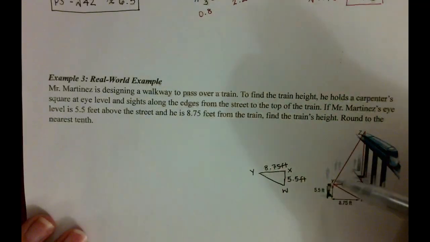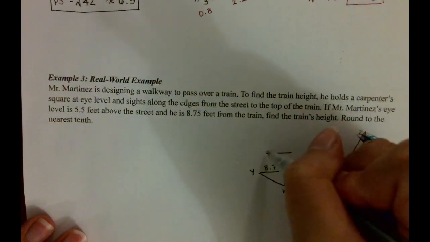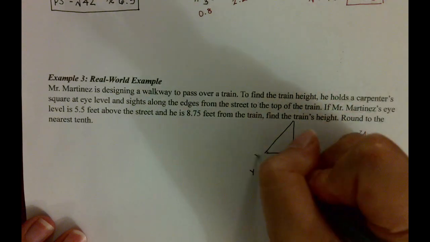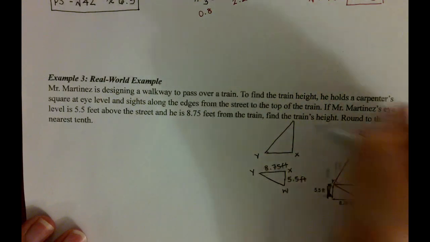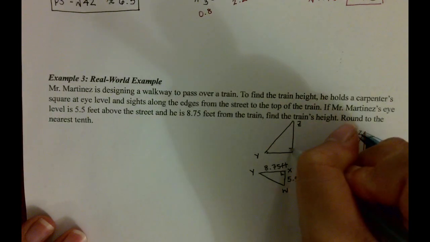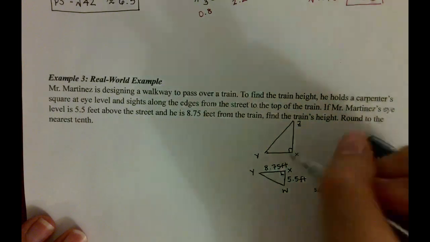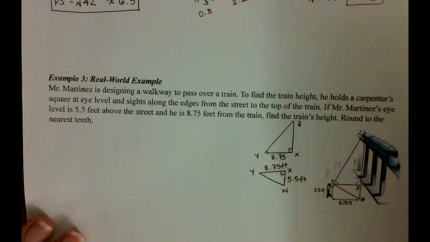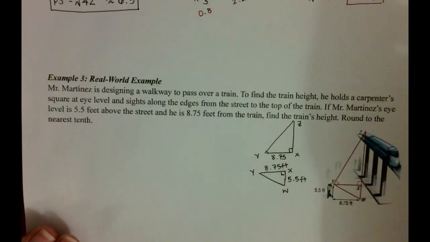The other one we want to deal with is here. This is Y, this is X, and this is Z. So this is 8.75, and what we need to know is what this is.